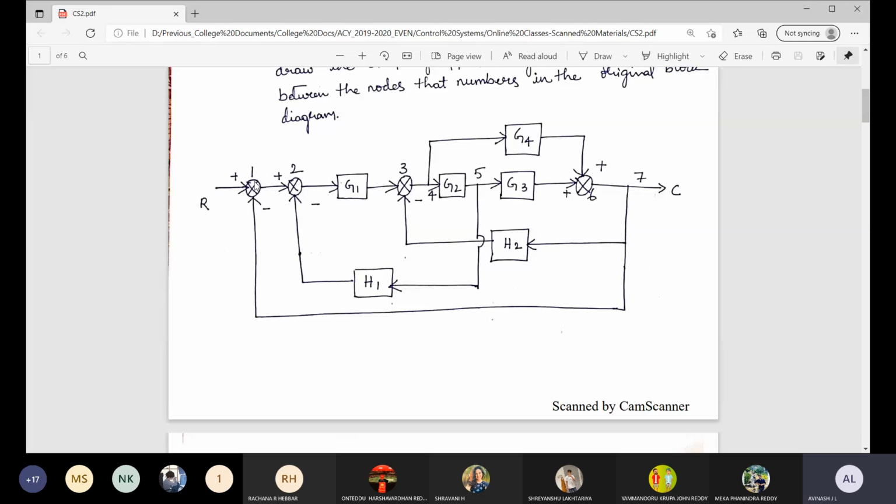So this is the first summing point, give the number as 1. This is the second summing point, give the number as 2. This is the third one, give the number as 3. Then the next takeoff point, you give it as 4, and next is 5, next is 6, and next is 7. Please mark it.